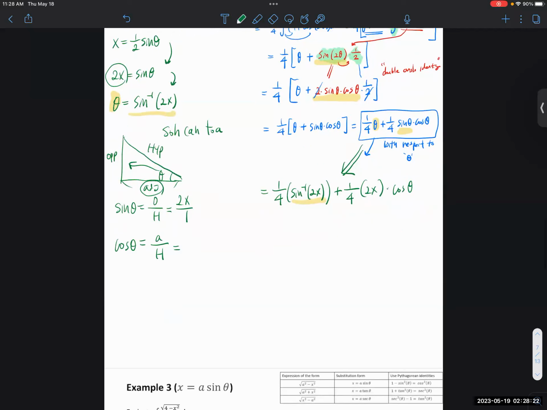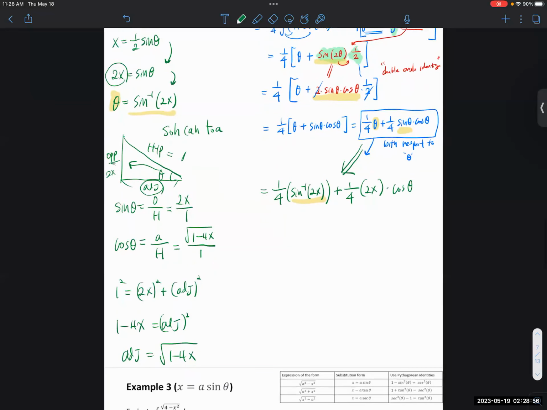So according to the Pythagorean theorem, the hypotenuse is 1 and the opposite is 2x. So 1 squared equals 2x squared plus adjacent squared. So 1 minus 4x squared equals adjacent squared. So basically adjacent is going to be radical 1 minus 4x squared, because you take the radical on both sides. So we know cosine theta is radical 1 minus 4x squared over 1, that's the hypotenuse.